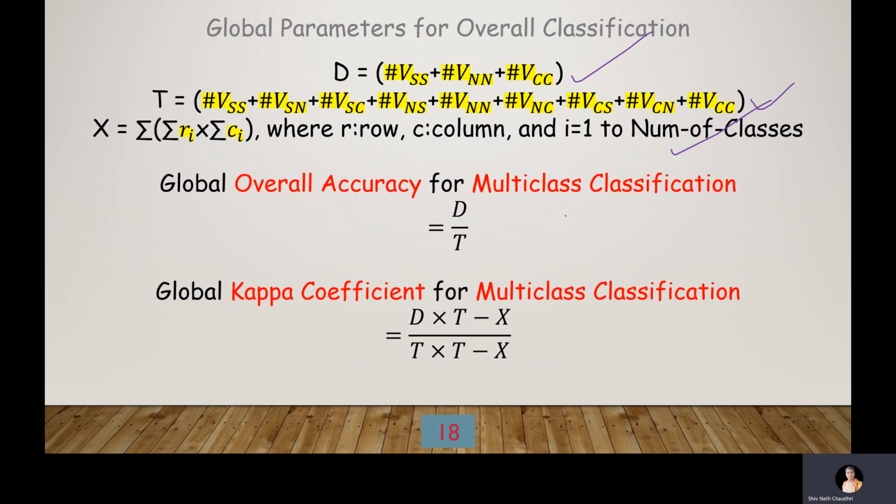After calculating D, T, and X, the global overall accuracy for multi-class classification can be calculated as D upon T, and the global kappa coefficient for multi-class classification can be calculated as D into T minus X upon T into T minus X.